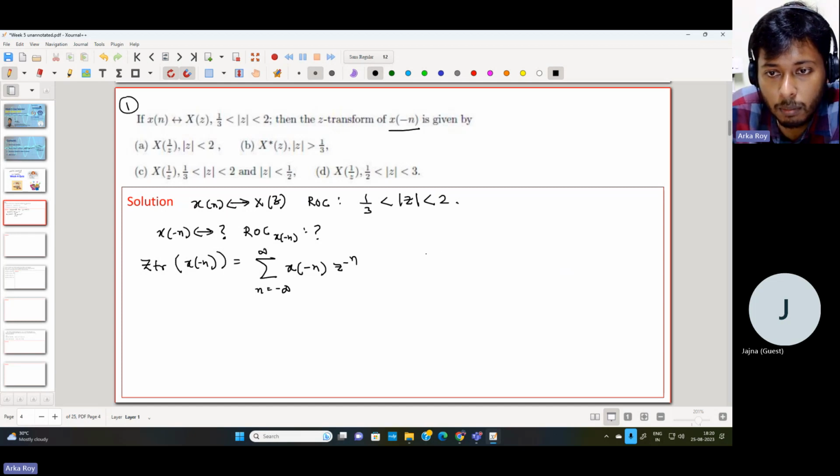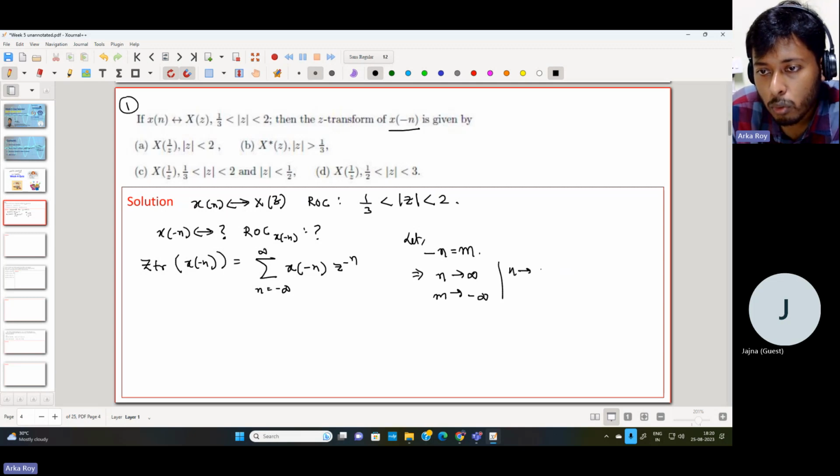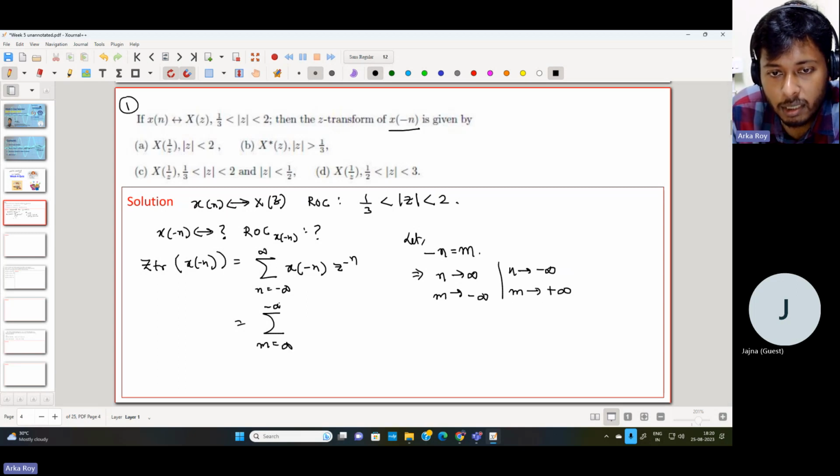Now, I can change the variable. Let us consider -n = m. Then if n goes to infinity, m goes to minus infinity, and if n goes to minus infinity, m goes to plus infinity. So the limits of the summation will run from infinity to minus infinity.